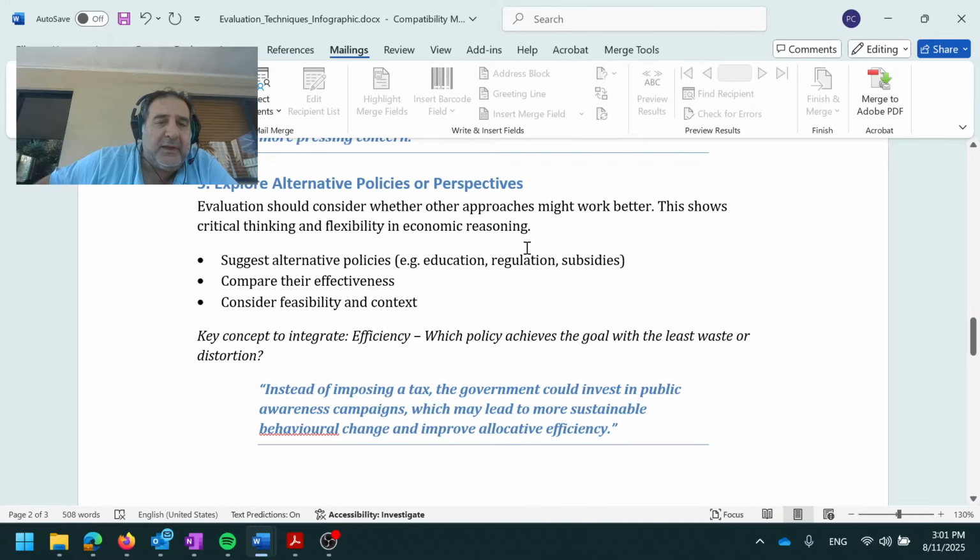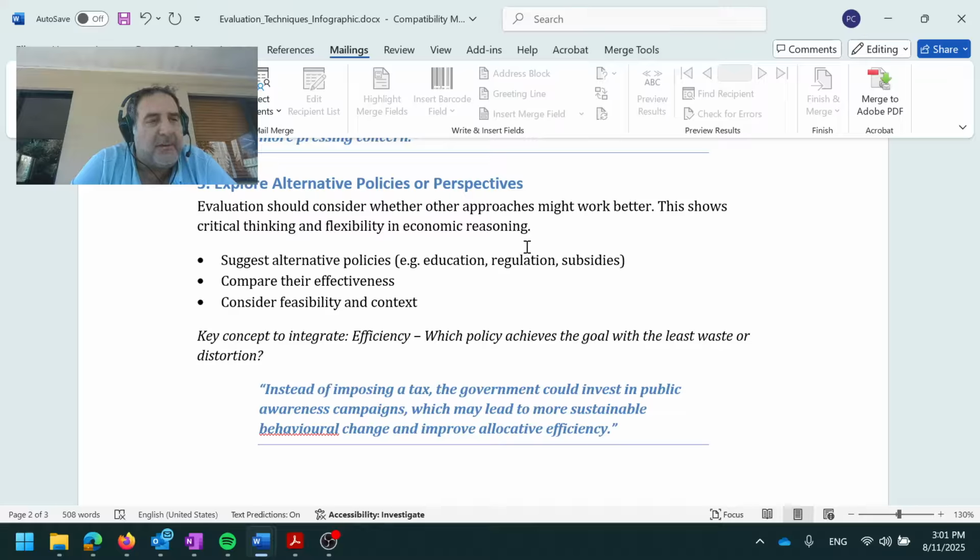And then finally, this is really important, the fifth one there, explore alternative policies or perspectives. The question in Part B doesn't tell you explicitly to explore another policy, but in every marking guide, it is essential that you do talk about an alternative policy.